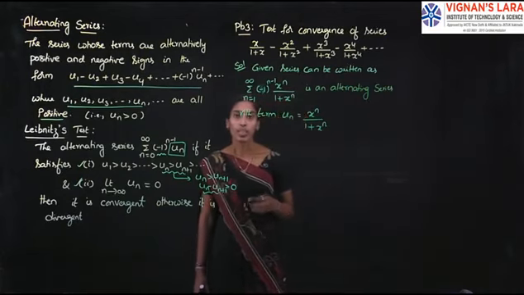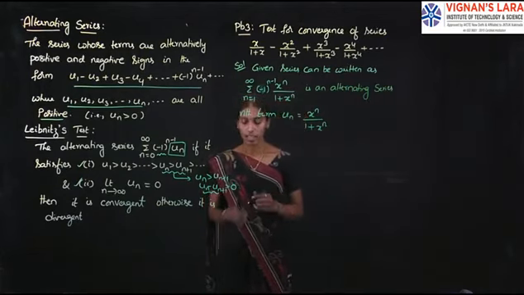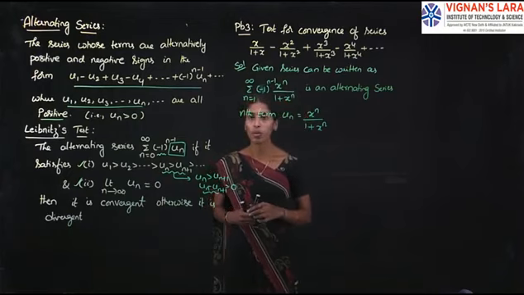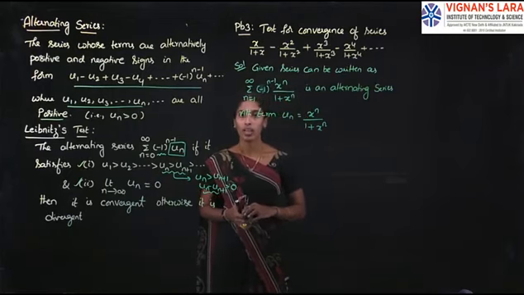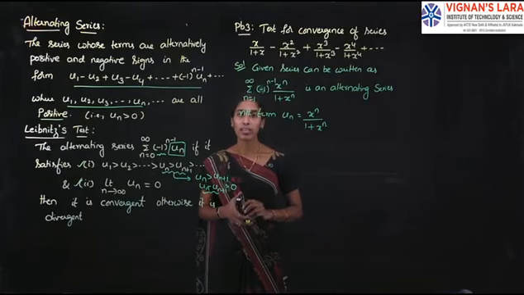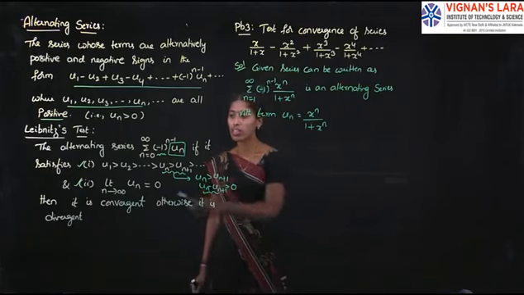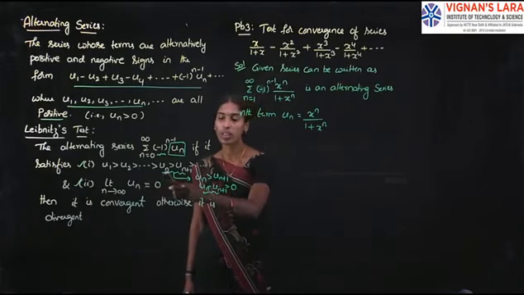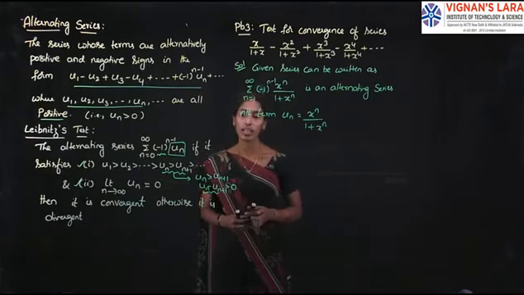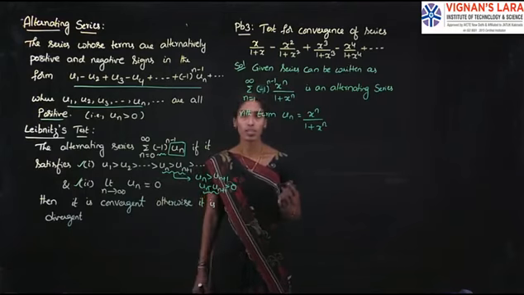So to check the nature of the alternating series, only one test is available, which is the Leibniz test. To apply the Leibniz test, it must satisfy the two conditions, then we say that it is convergent. What is the first condition? u1 greater than u2 greater than so on, greater than un greater than un plus 1 and so on.